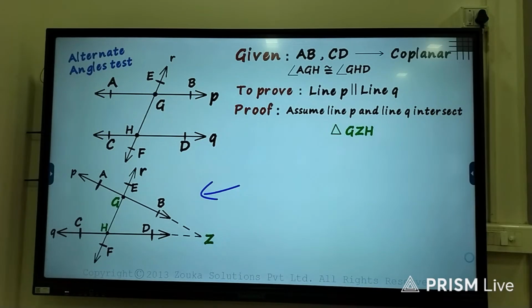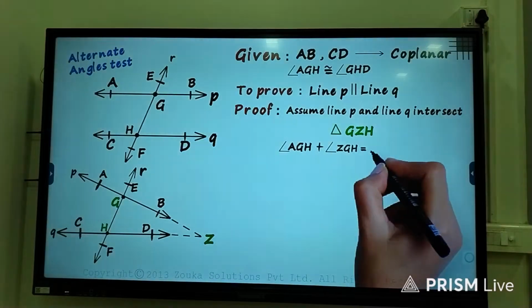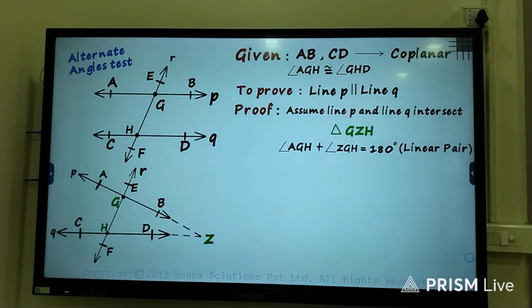Now look at the second figure closely. Focus on these two angles. Measure of angle AGH plus measure of angle ZGH will equal 180 degrees as these angles form a linear pair. Look at triangle GZH. The sum of all three angles of the triangle equals 180 degrees.